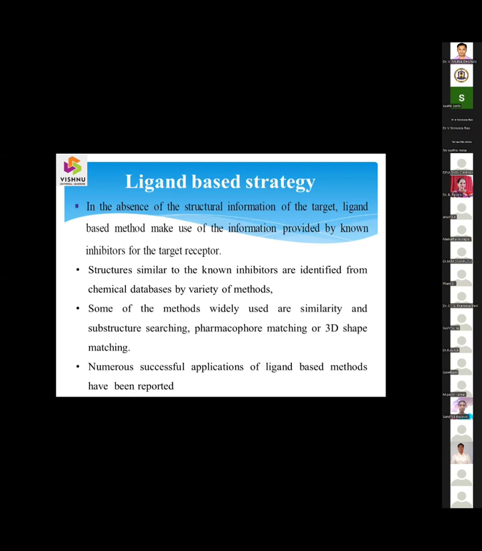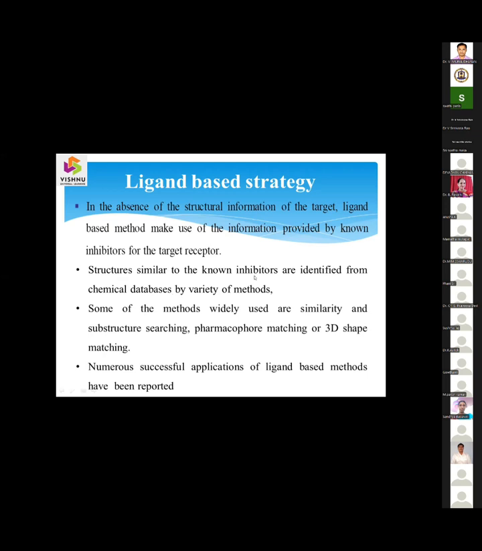And here, the ligand-based strategy: in the absence of structural information of the target, we don't know the structure of the target protein or enzyme. The ligand-based method makes use of information provided by the known inhibitor of the target receptor. Structures similar to the known inhibitors are identified from chemical databases by a variety of methods. We have large chemical databases, and from them, using different methods, we can identify structure similarity to the known inhibitors.